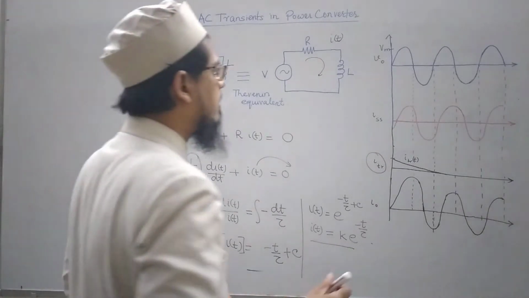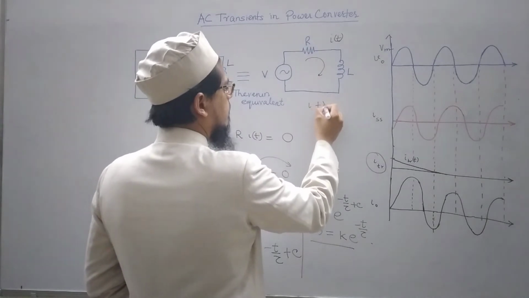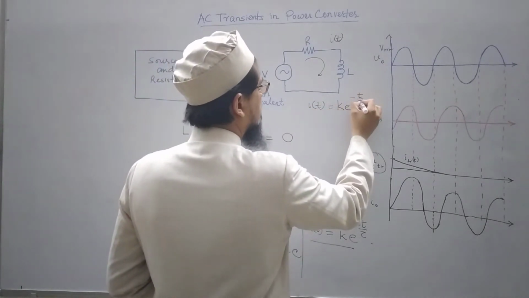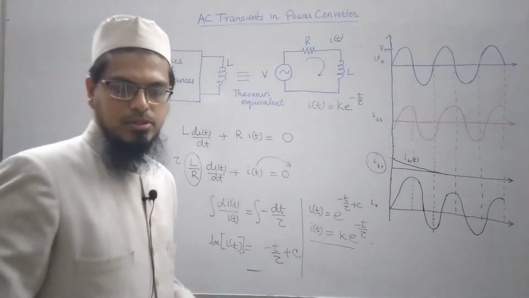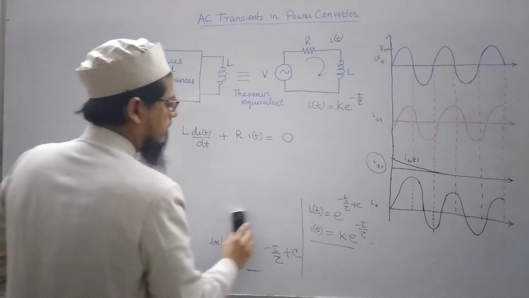So let me write this expression here, it equals k times e to the power minus t by tau.